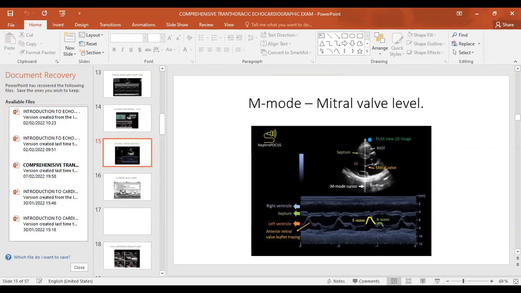But the moment you have left ventricle dilatation, when the LV dilates, the normal LV internal diameter maximum should be 5.6 centimeters in diastole. Why am I emphasizing diastole?